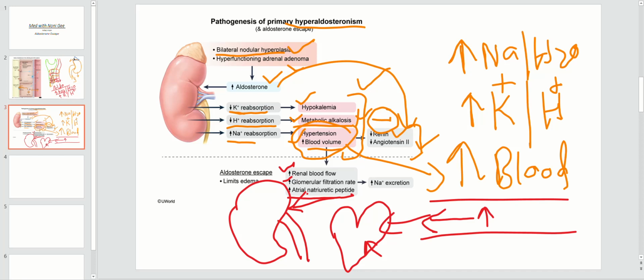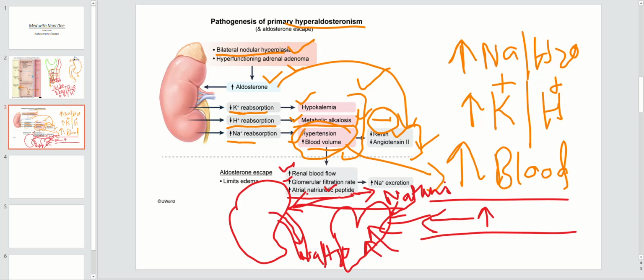They are secreted when you have increased blood volume and increased pressure on the walls of the heart. So the heart will release this natriuretic peptide, and this hormone is responsible for natriuresis, right? Natriuresis means it washes out sodium along with the water. So sodium is excreted out of the kidney along with the water. That is called aldosterone escape.